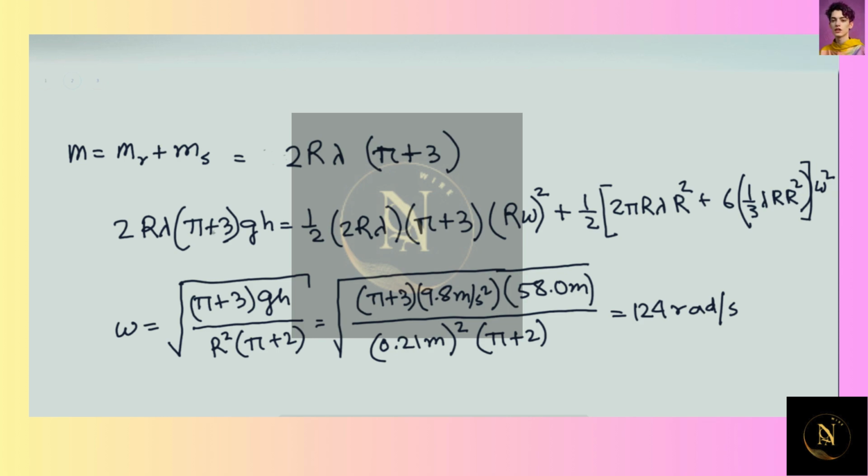And from there, if we simplify this expression, we see that omega is the square root of (pi plus 3) gh over r squared (pi plus 2). And now if we use the provided values, we see that omega, or the angular speed, is 124 radians per second.